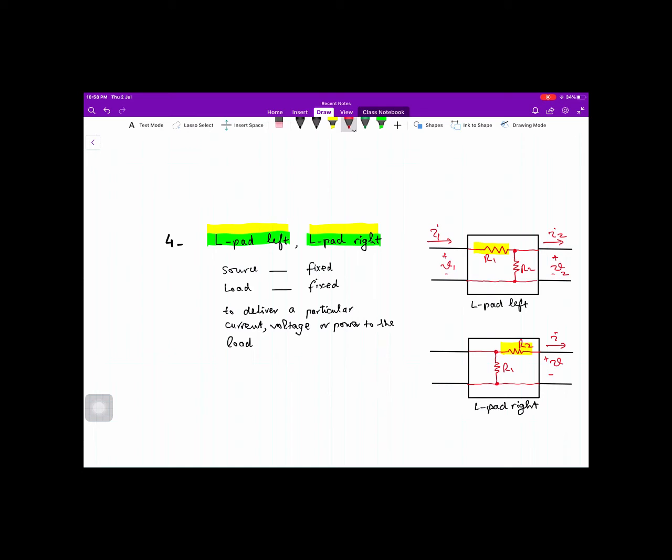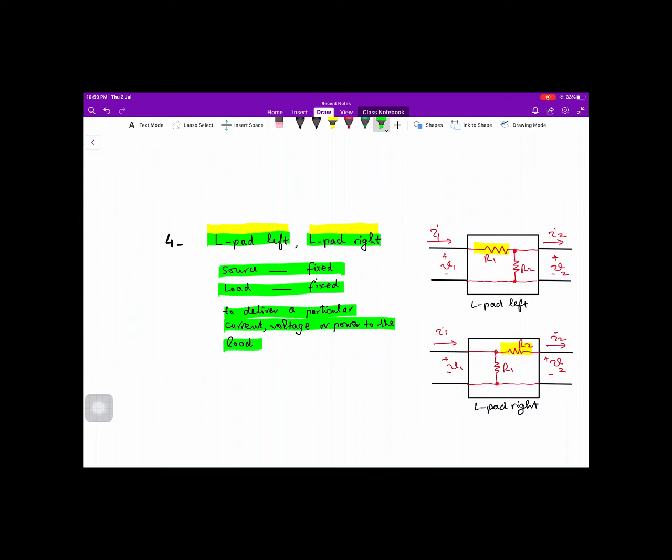Similarly here, the current I1 and voltage V1 at the input side, current I2 and voltage V2 at the output side. What is the purpose of this interface? To deliver a particular current, voltage or power to the load. Note that our source is fixed and load is fixed.